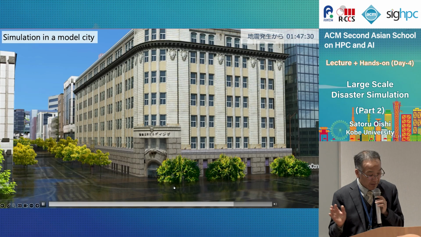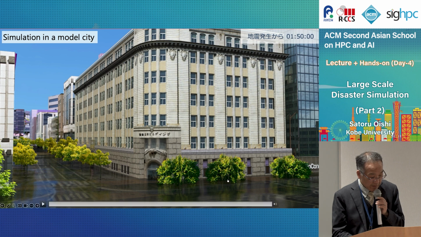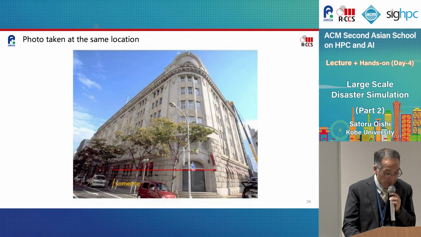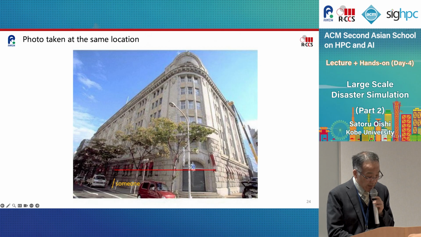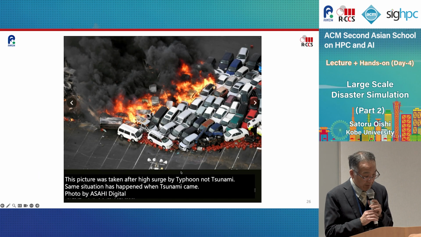Therefore, you don't have enough way to evacuate. This is the people's height, and this is the tsunami height. And there are cars, so they hit and exploded like that.